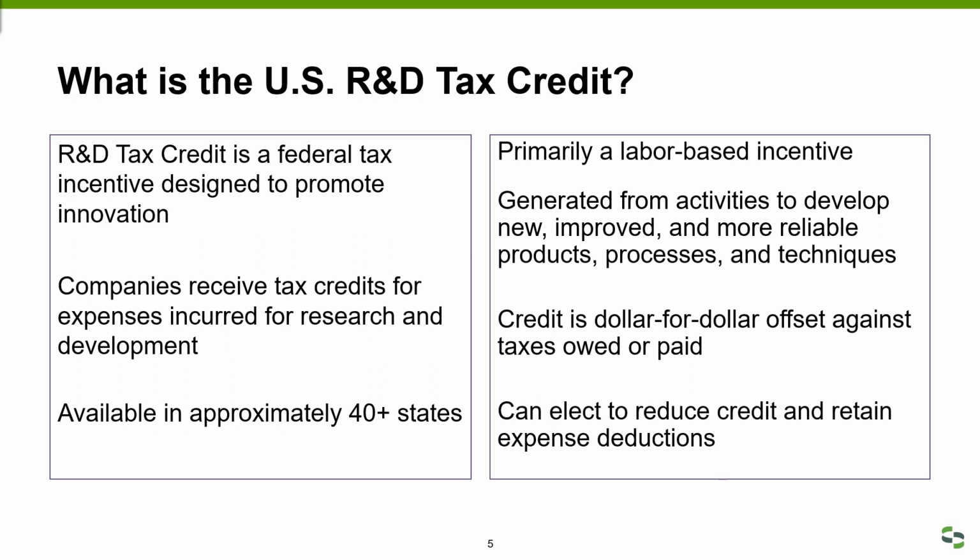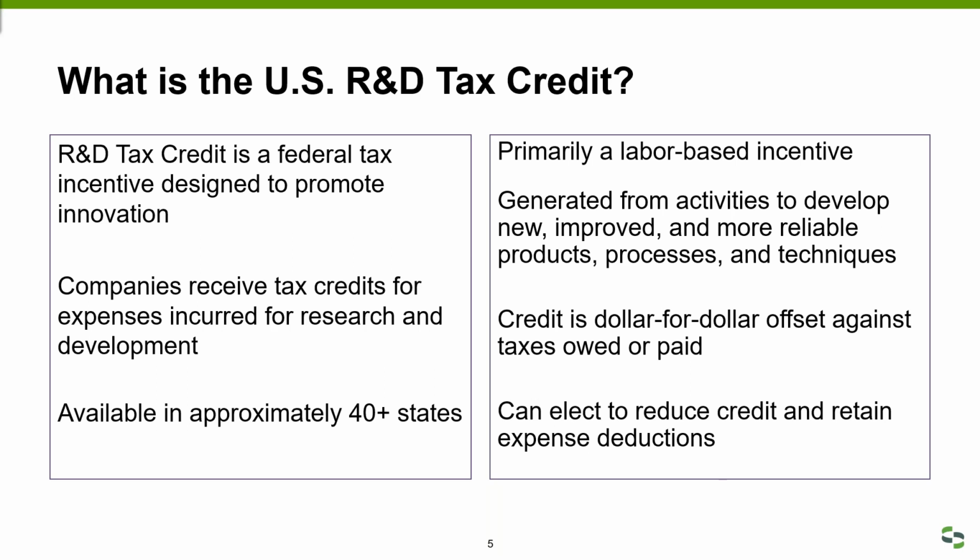It was designed in the late 70s, and when it became effective in 1981, to promote innovation, to encourage and incent companies to design and develop new and innovative products and processes and software and techniques and design, and has literally driven the U.S. economy since that time.